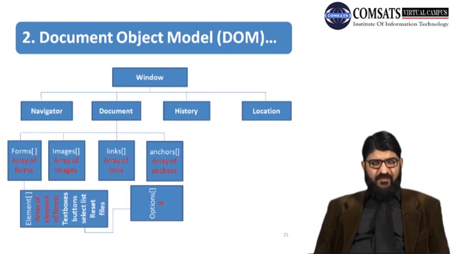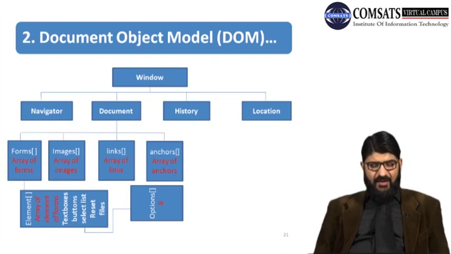So the first one is form. Forms are basically the combination of an array of forms. The second one is images, which is the combination of an array of images. The third one is the array of links, and the fourth one is the array of anchors.